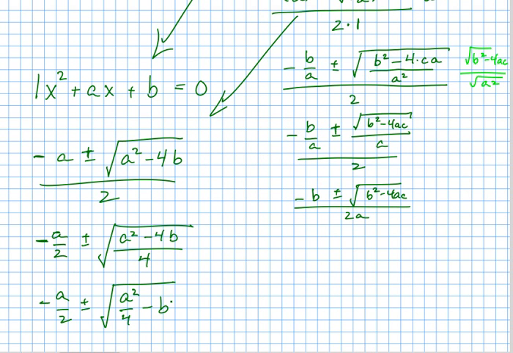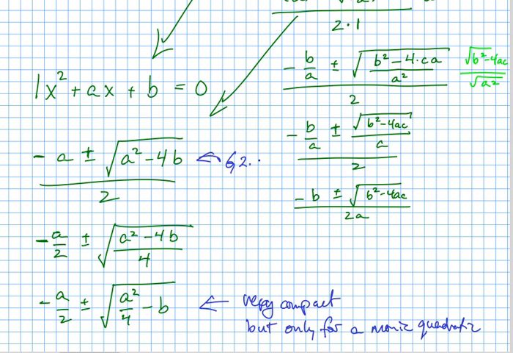And this is very compact, but only for a monic quadratic. So this is what he introduced in section 2.2 for monics.